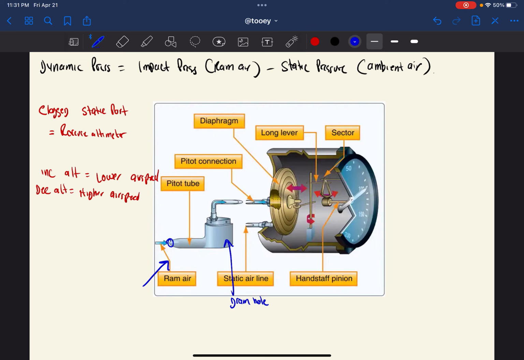If the ram air inlet is clogged, but the drain hole is open, then the airspeed will read 0.